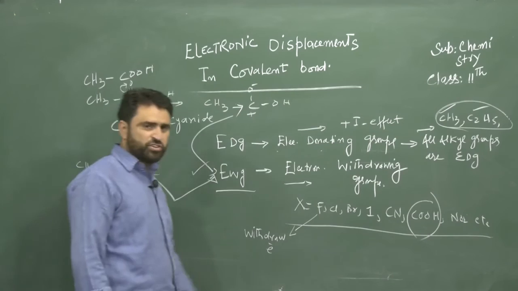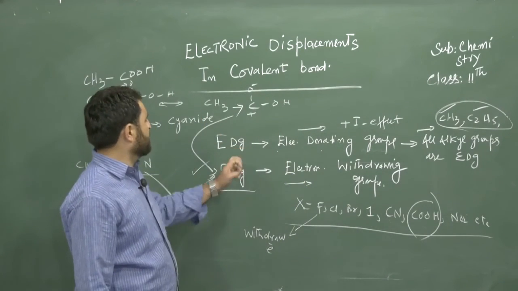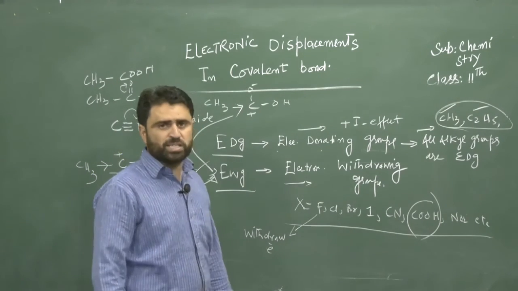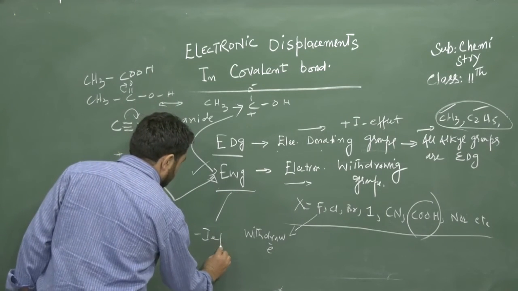So depending upon withdrawing tendency or donating tendency, we have electron donating and electron withdrawing groups. In general, all electron donating groups have a plus I effect. All electron withdrawing groups have a minus I effect.